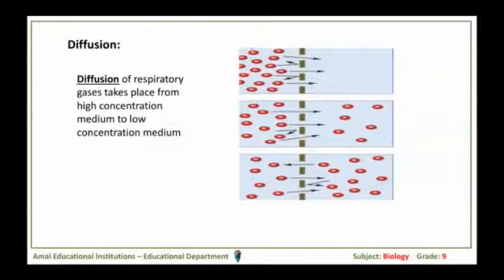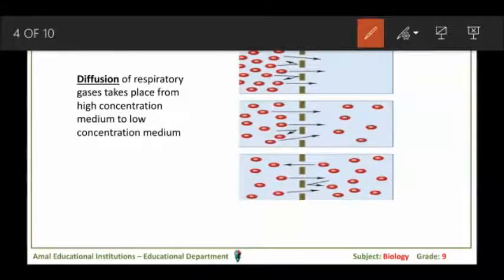Now, in this slide, I'm going to show you the principle of diffusion. What do we mean by diffusion? Let's say that this medium is medium 1. This medium is medium 2. At the beginning, let's say that these red circles represent oxygen gases.